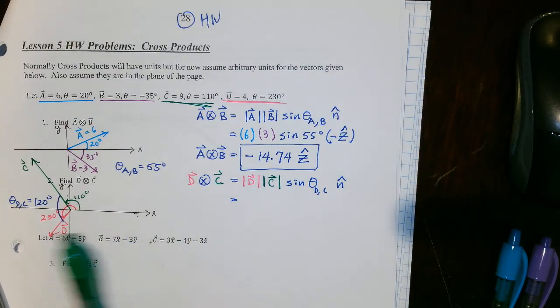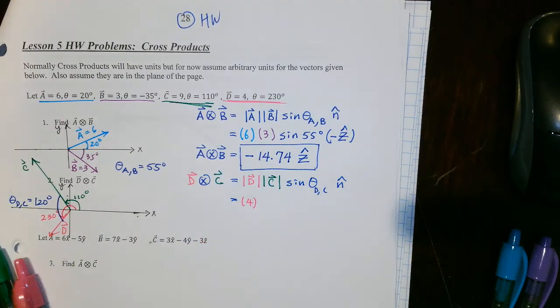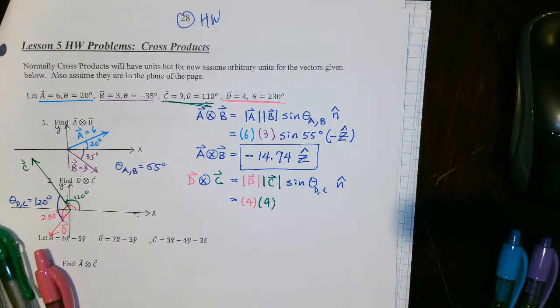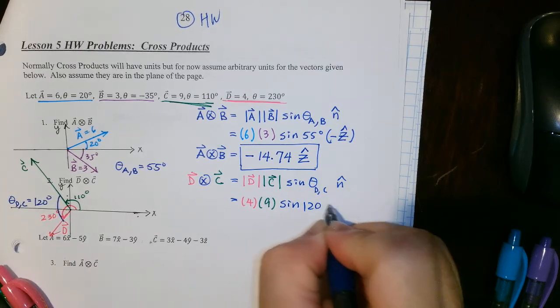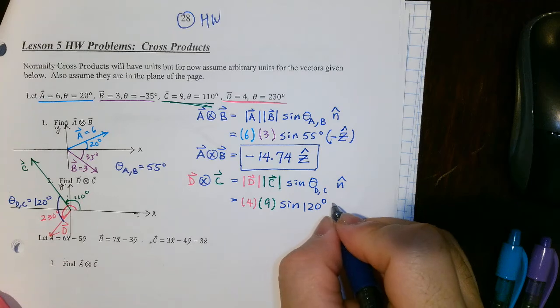Therefore, my D is 4, my C is 9, times sine of 120 degrees. Right?